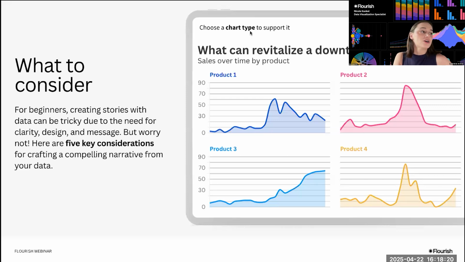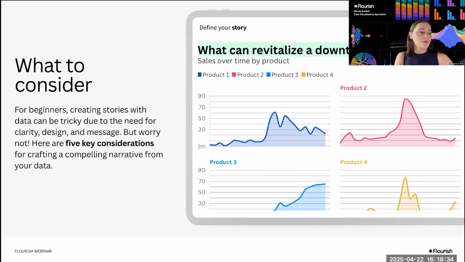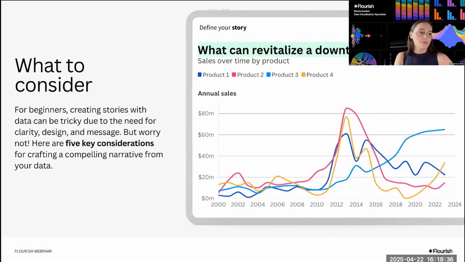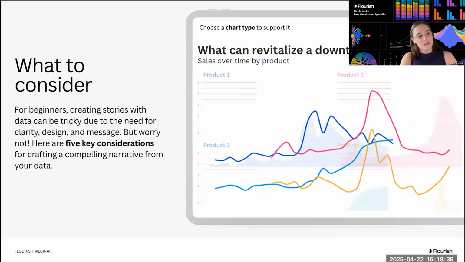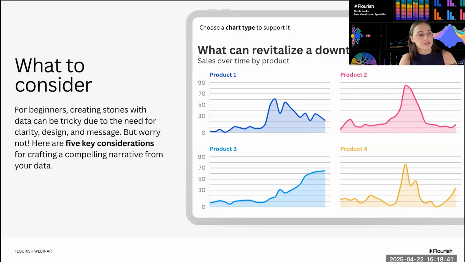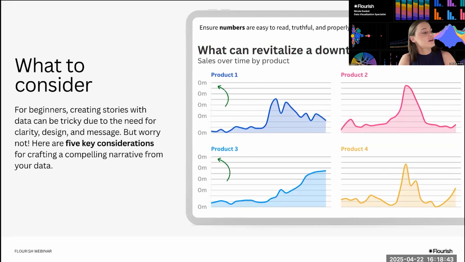So secondly, that chart type consideration you should make. I decided to make this into a grid because I think that then I can visualize the trends a lot easier and compare them more easily than I would with these lines on top of each other. So opted for this grid here for trends.